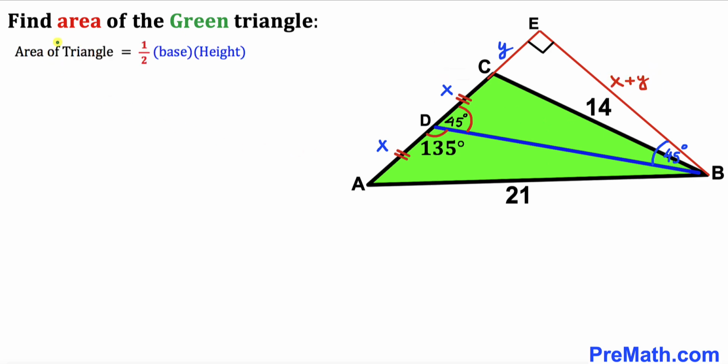Now let's recall the area of a triangle formula: area equals a half times the base times the height.